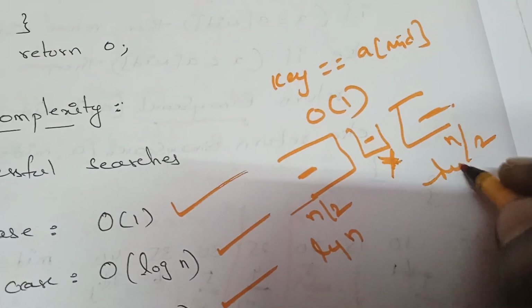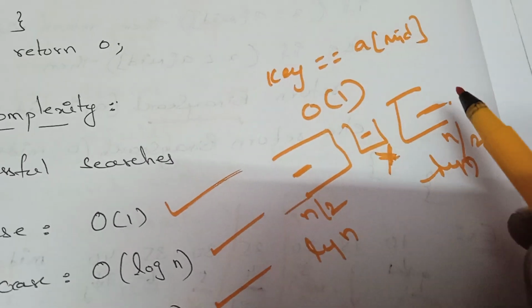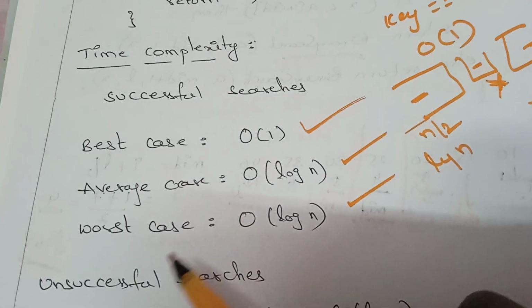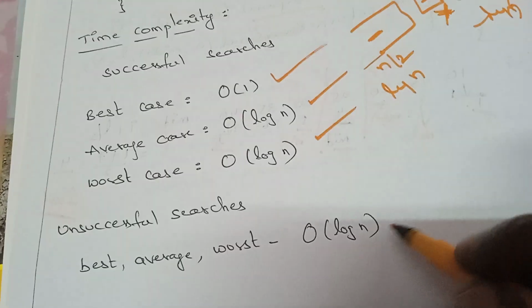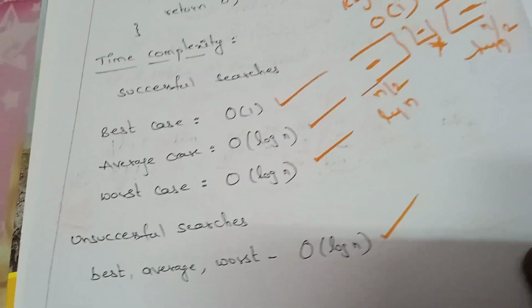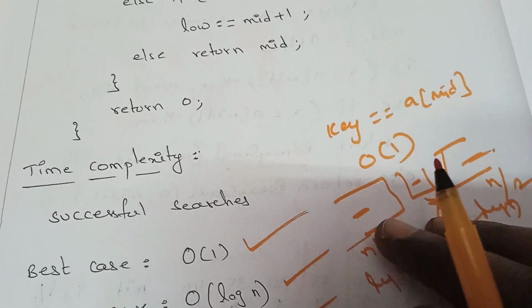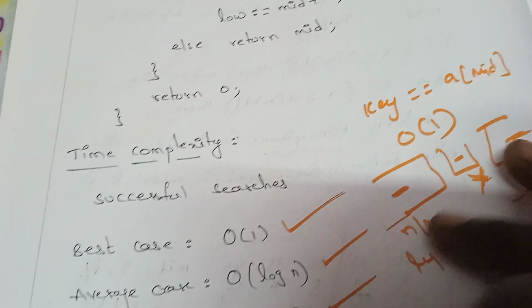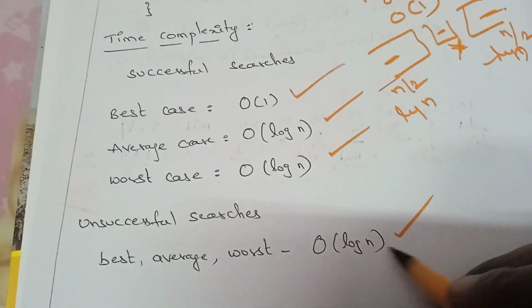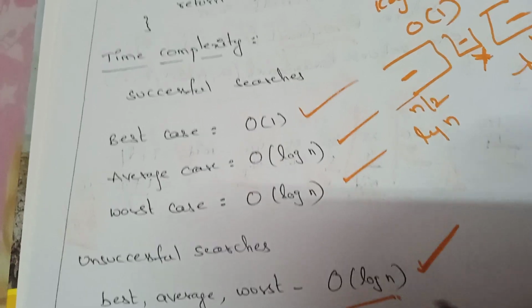Whether you search in this part or this part, the average case and worst case of the algorithm is big O of log n. For unsuccessful searches, best, average and worst is big O of log n, because you have to search the complete set of elements. After you compare each element with the key element, you find that the element was not found. Hence the unsuccessful search time complexity is big O of log n.